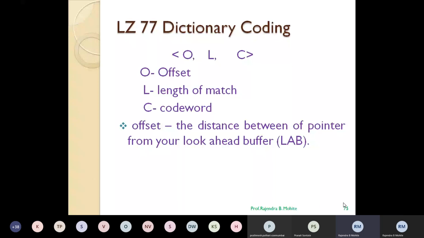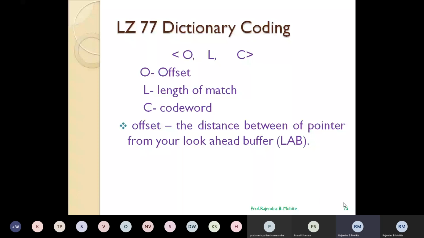Whenever you encode any kind of alphabet, the alphabet you want to encode is placed in the look ahead buffer, and the alphabet that is already encoded is placed in the search buffer.